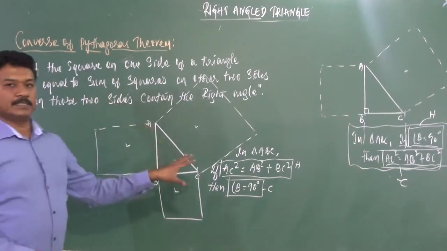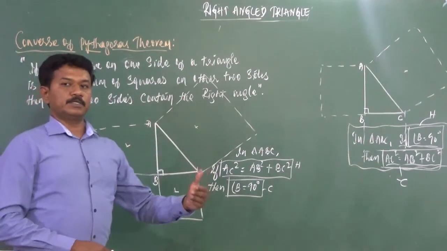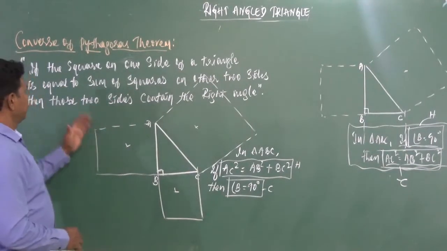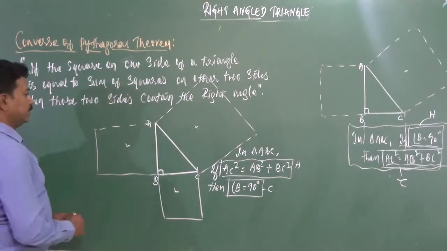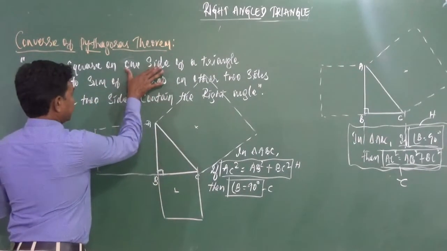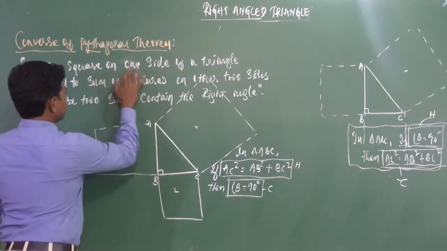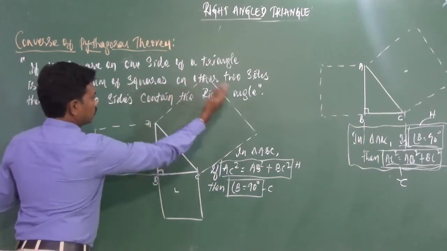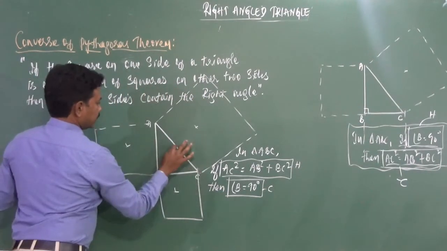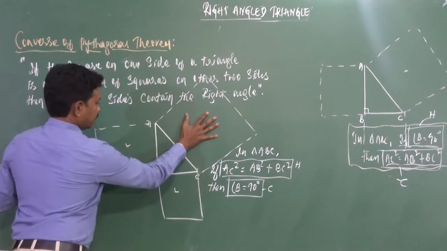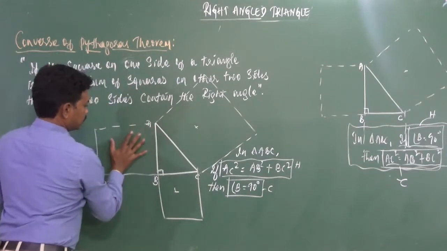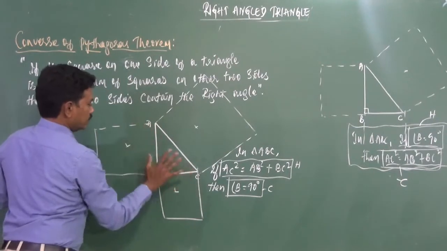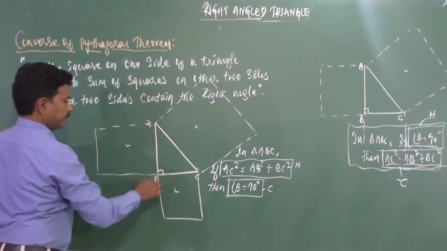We are going to apply this in very important numericals as well as some riders. So once again, if the square on one side of a triangle, one side can also be taken as the longest side. If the square on the longest side of a triangle is equal to sum of the squares on other two sides. This is the longest side. I have built a square on the longest side here. So the area of this square is equal to sum of the areas of these two squares. So therefore, if this is true, then those two sides contain the right angle.